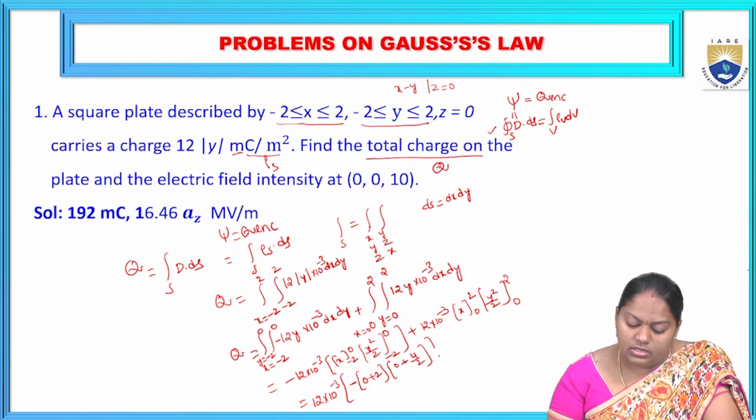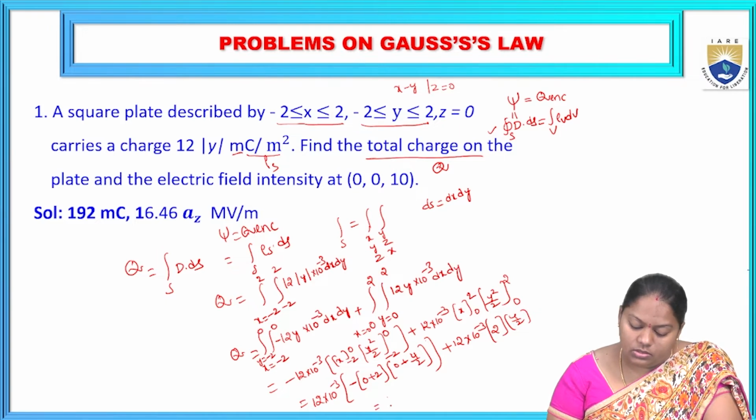This is for the first. Then again, plus 12 into 10 power minus 3 into x, the x value. If you substitute upper limit as 2 and lower limit as 0, it is 2 into, and the upper limit is again 2, 2 square is 4, 4 by 2 becomes 2, right?